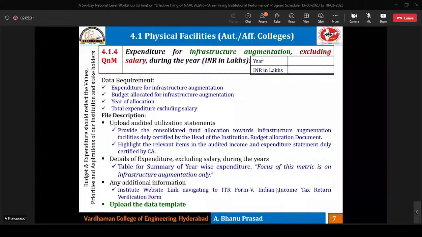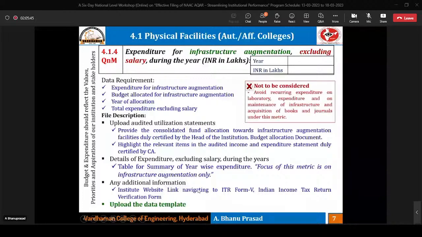So that's what under this expenditure, since it is QnM, it is asked to update the data template. This is to be avoided: do not include the recurring expenditure on the laboratory or maintenance of infrastructure and acquisition of books and journals under this metric.